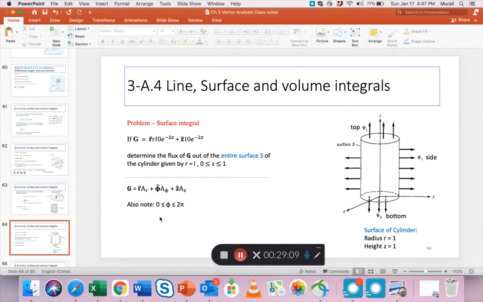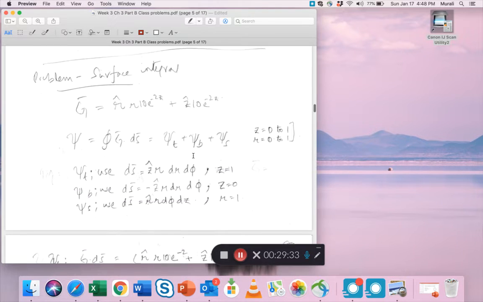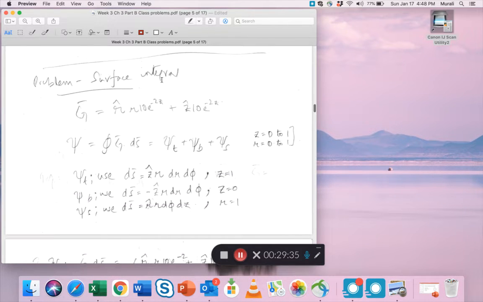Okay, so also note that phi, now this is cylindrical, so go back and look at your cylindrical drawings where phi is a factor, right? And phi goes from 0 to 2 pi, which means it covers the whole circle. Okay, so given this question, we now solve something called the flux or the surface integral.